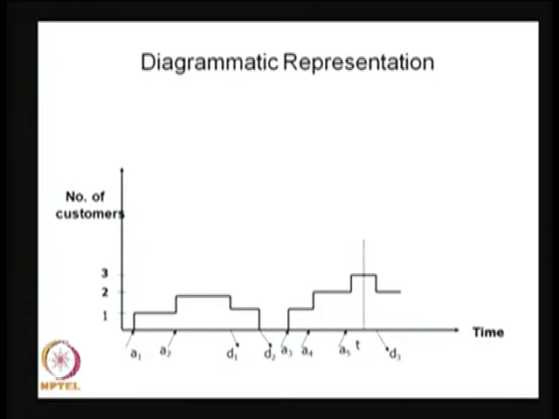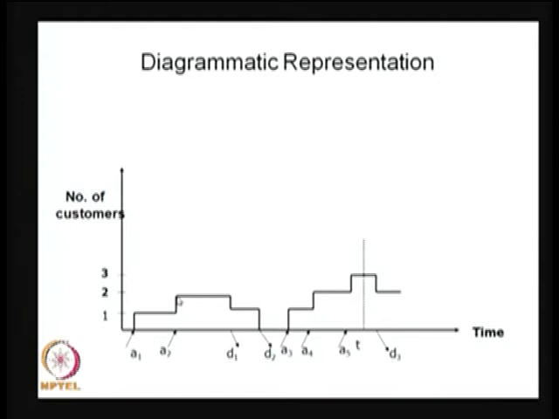Suppose at time A1 the first customer enters the system, then the number of customers in the system is incremented by 1. The customer who entered the system is getting the service. During his service time, the next customer enters the system, at the time point A2.